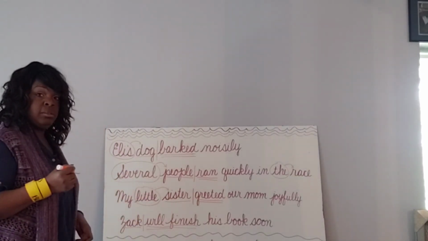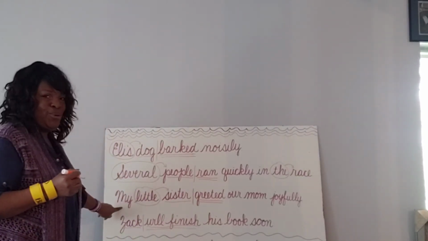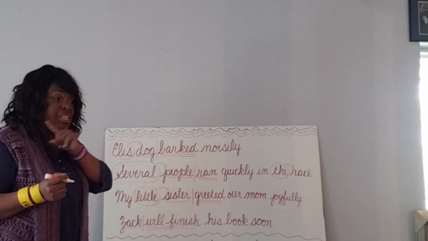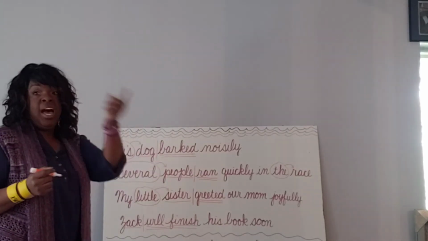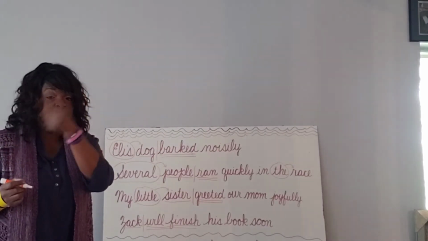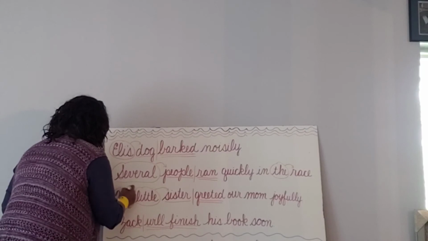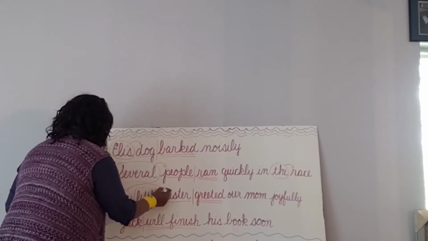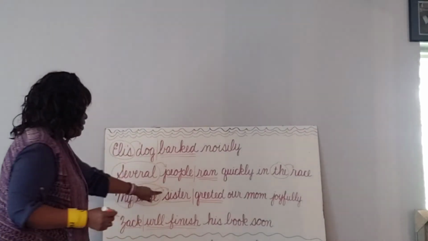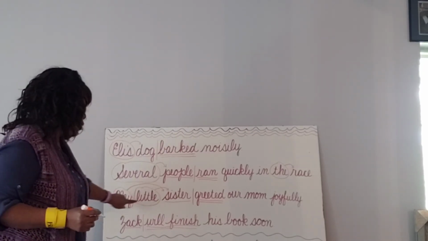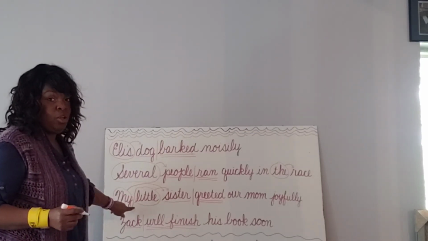Anything else? Whose? Not hers, not yours, not Stephen's. No, it's my little sister. So draw an arrow from my to sister. But don't forget, some of you aren't circling all of your adjectives. You have to circle them all.